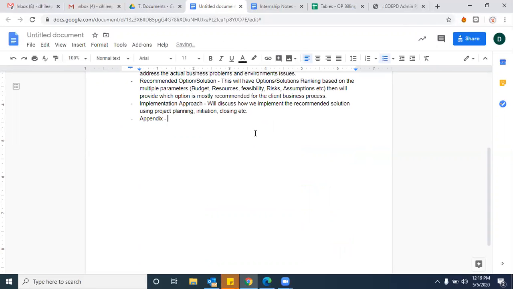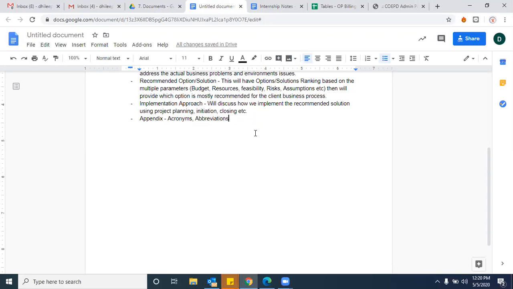This appendix is not only for supporting documentation. If you are using some acronyms, hope you are aware of acronyms and abbreviations, right? Because a couple of people are using some shortcut names, you need to mention what those shortcut names are here. If you are using some definitions, for example, you mentioned HIPAA, so what is this HIPAA? That abbreviation you have to write under the appendix.